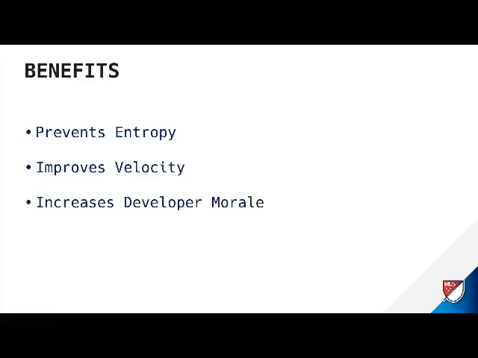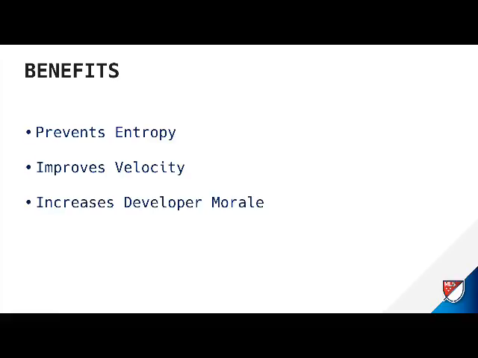And the last one, which doesn't really get discussed very much, is that it actually increases developer morale. The harder it gets to work through a project and the less people want to touch it, obviously, the less fun it is to develop with. This can create very toxic, stressful environments for developers. It makes it very hard to do your job, and the quality of code, not just stylistically but the actual features being pushed out, starts to degrade as well.